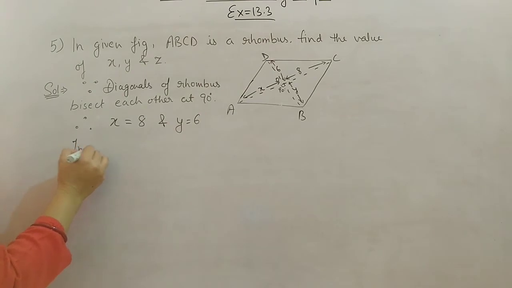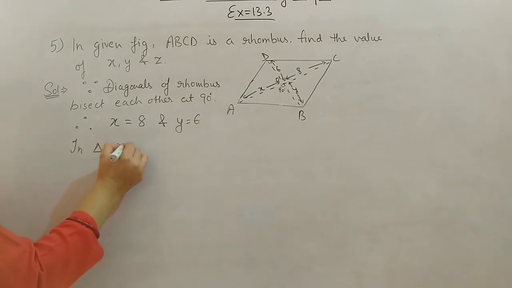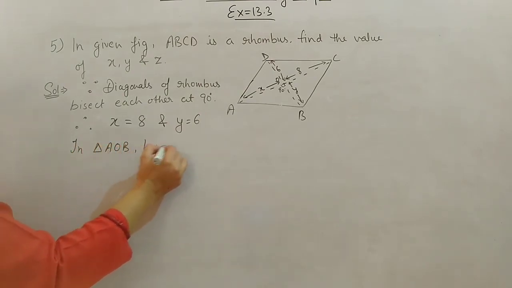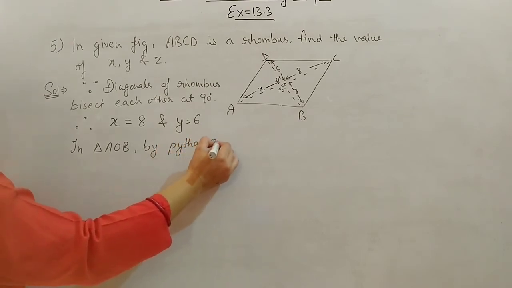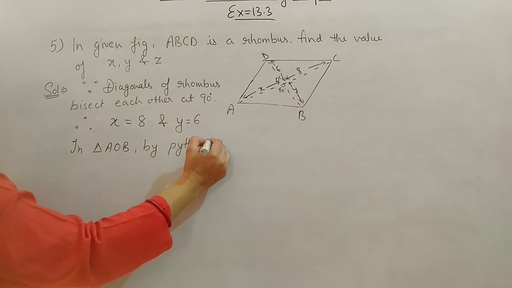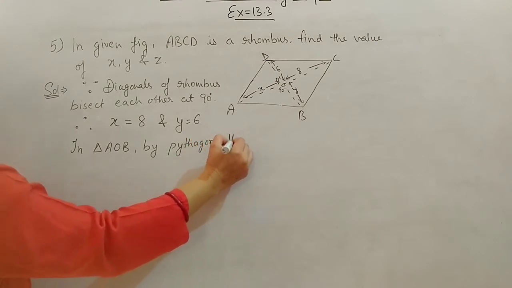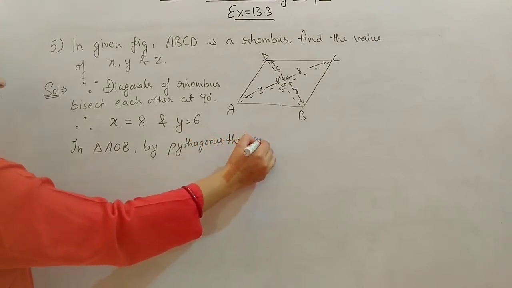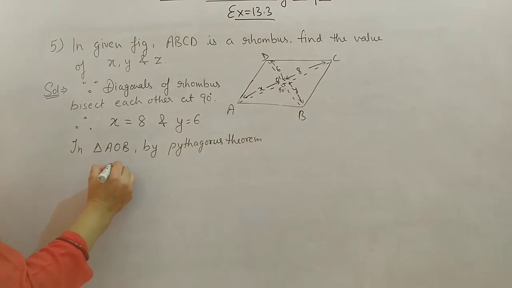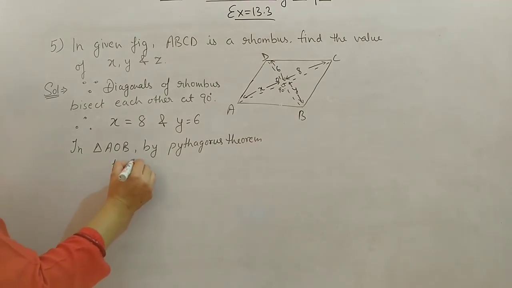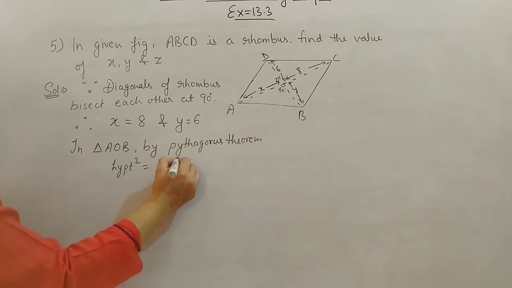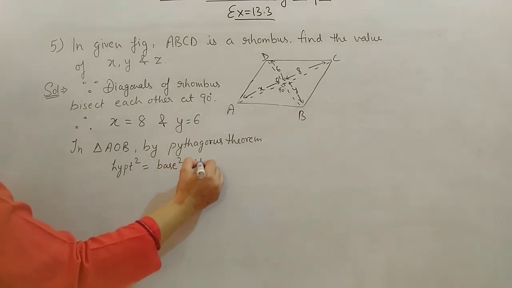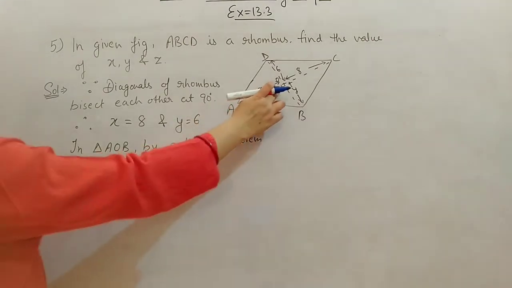So in triangle AOB, by Pythagoras theorem, hypotenuse square is equal to base square plus height square. Hypotenuse means the side opposite to 90 degree, means AB.